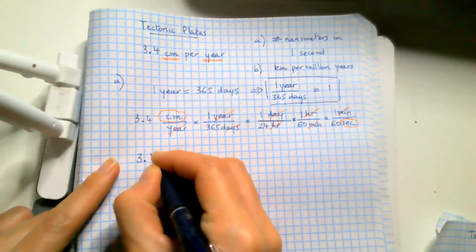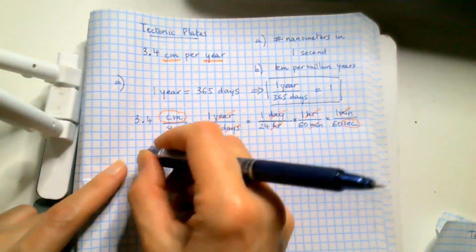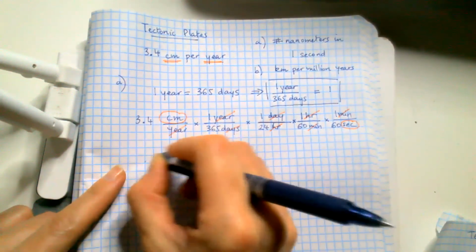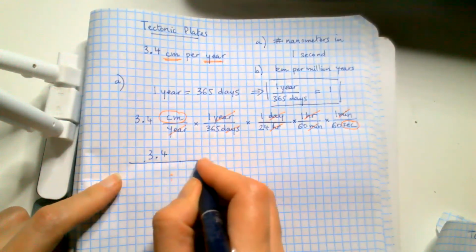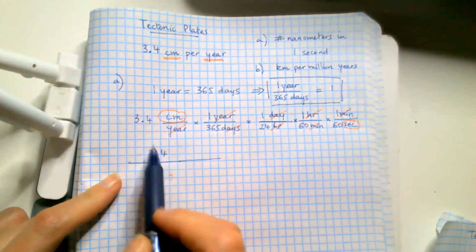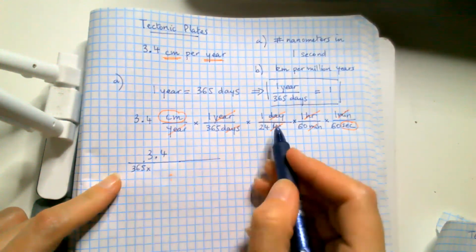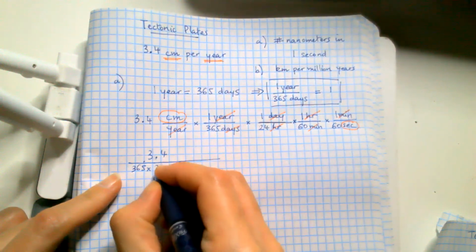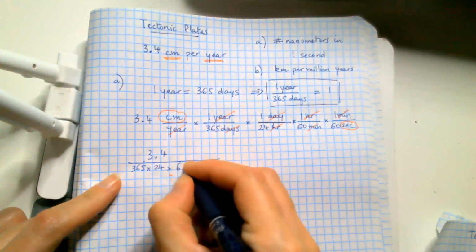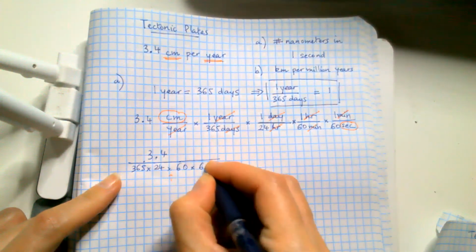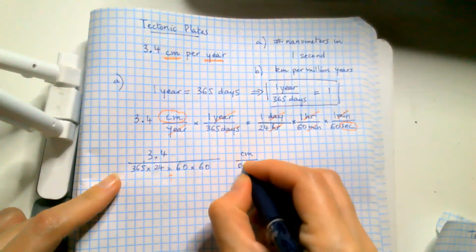So 3.4, and I'm going to leave the units at the end, but I'm going to take 3.4, and you can see that I have to divide my 3.4 by 365. I'm also dividing by 24, 60, and another 60. All right. And then my units will be centimeters per second.